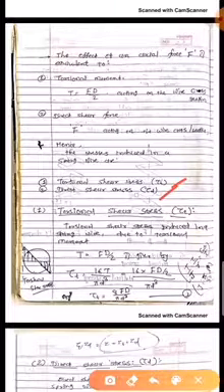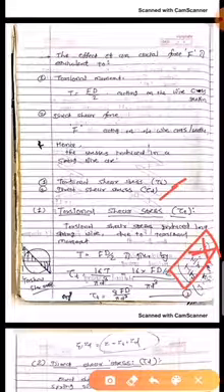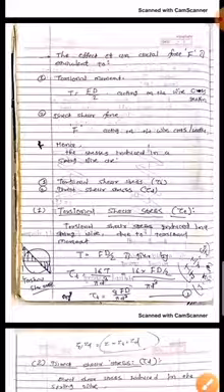We have the torsion equation: T by J is equal to tau upon R is equal to G theta by L. We want only T by J and tau upon R. We do not require G theta by L, so it cancels out. So T by J is equal to tau upon R.